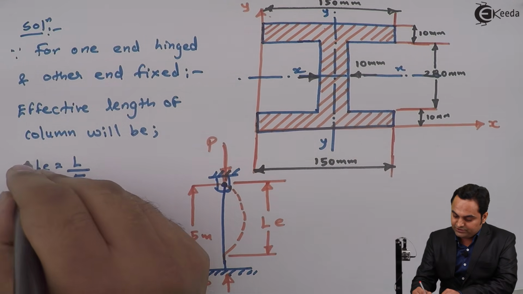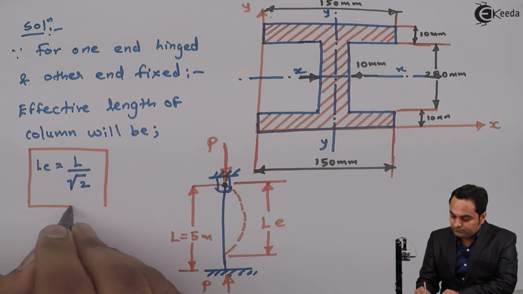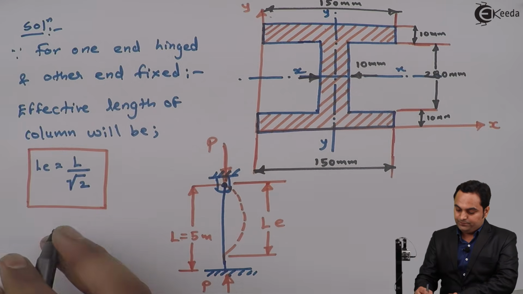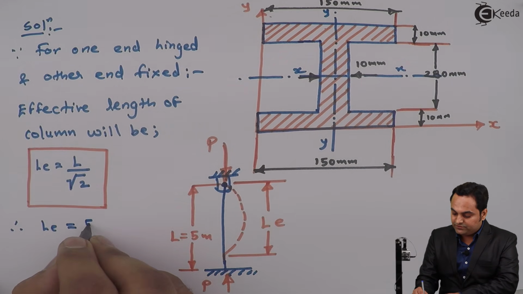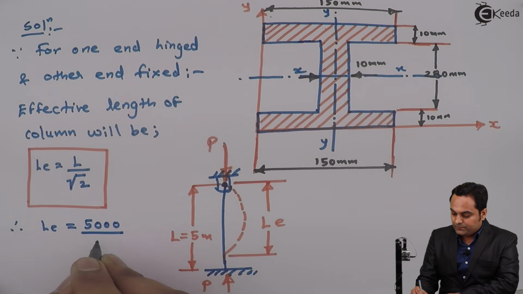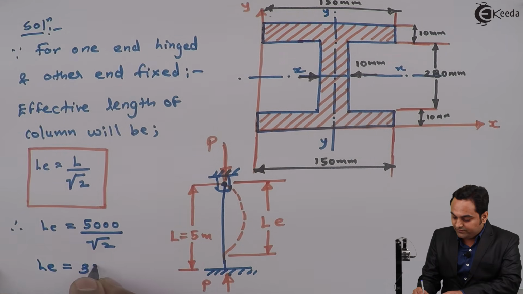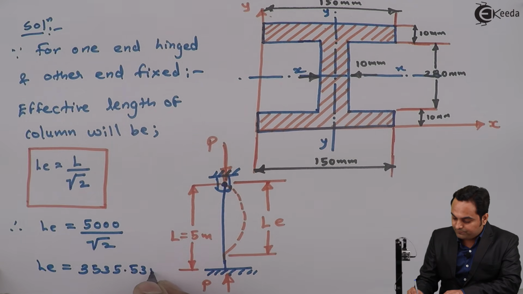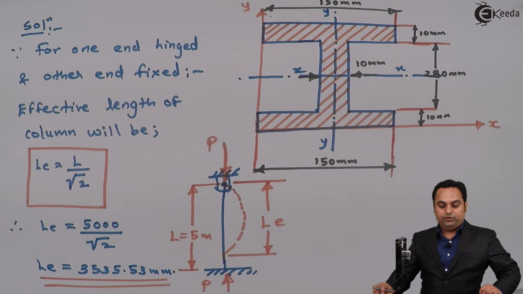Depending on the end connections, we have the formula of effective length. So therefore effective length will be, the length of the column is 5000 mm divided by √2. So here I get effective length as 3535.53 mm. So this is the effective length of column.